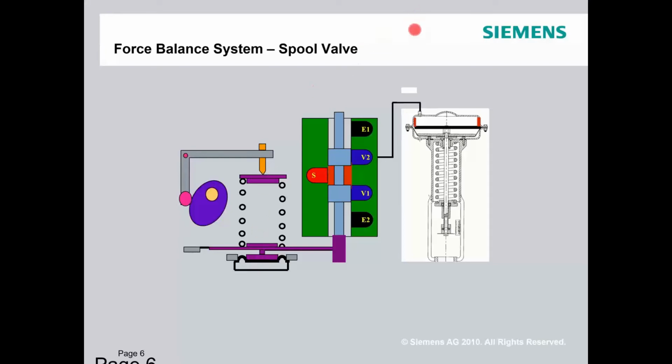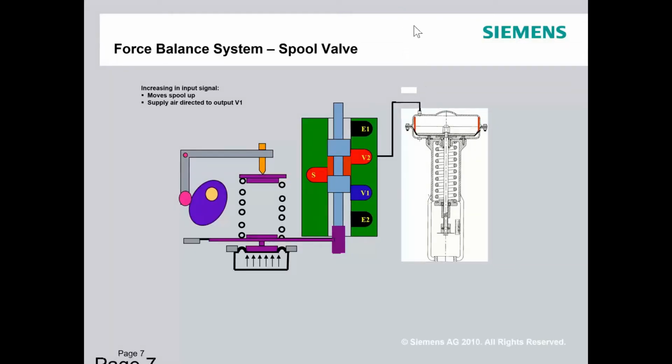With this, I've got a little bit of animation that you can see. This would show when the 4 to 20 milliamp signal starts increasing our input signal. What that does is, from the I2P, it pushes on this diaphragm inside of this mechanical positioner, which pushes against this spring, moving this arm.